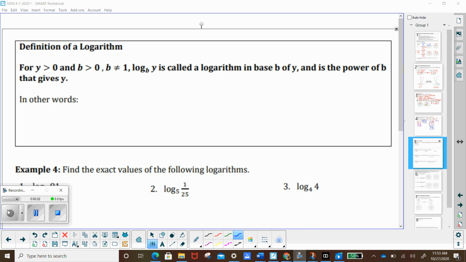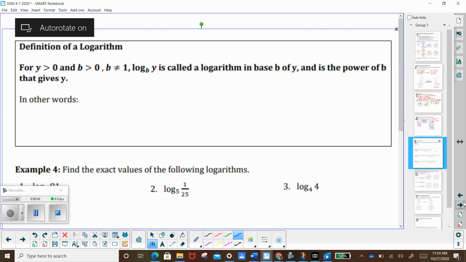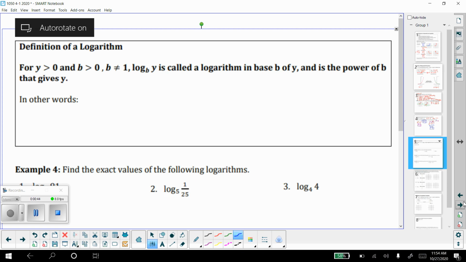In other words, I know that sounded really confusing, didn't it? I kind of just like to say a logarithm is an exponent.